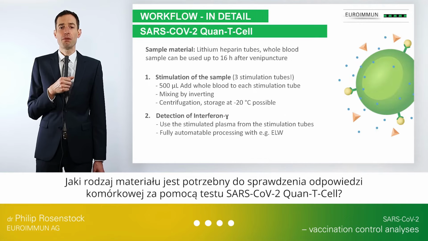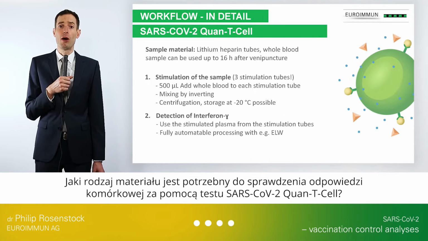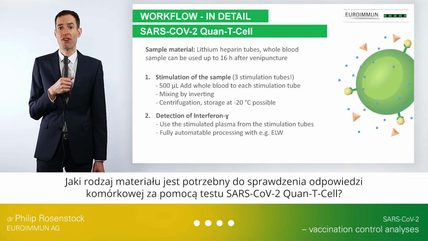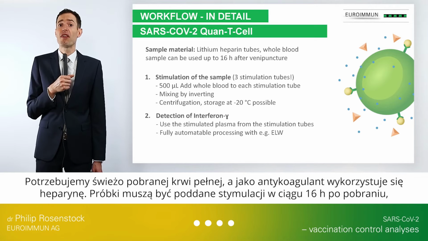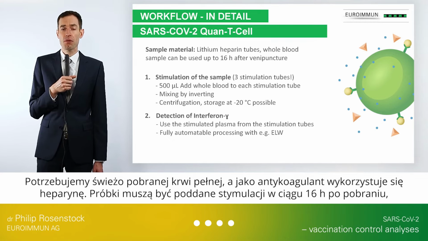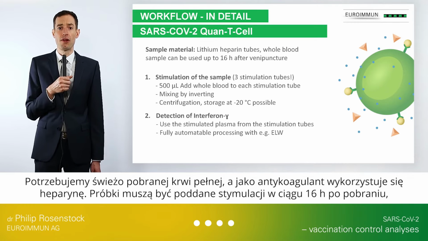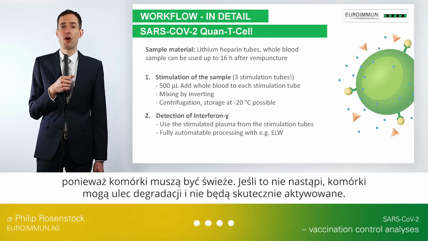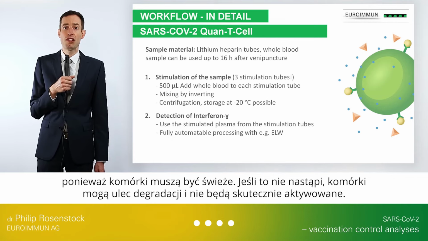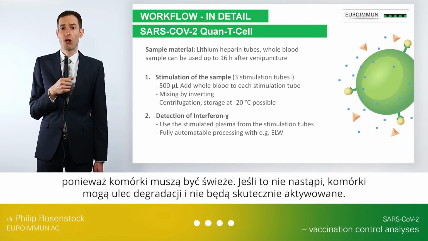So what kind of material is needed to check the cellular immune response with the Quant-T-Cell ELISA? It's whole blood, so you need fresh lithium heparin tubes with whole blood that has to be stimulated within 16 hours after sampling, because the cells need to be fresh. If you store it too long, they are going to be degraded and cannot be activated efficiently anymore.